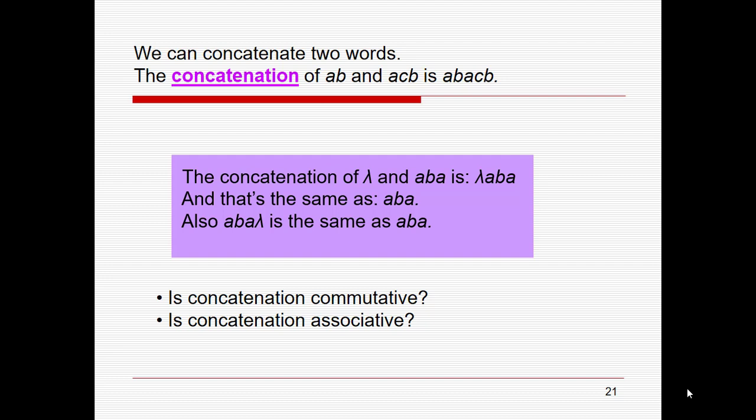So it's not commutative. Is it associative? Yes, it is. If we put ab and acb and then a third word together, I don't care whether you put the first two together first, or the second and third, or the other way around. So it's not commutative, but it is associative.